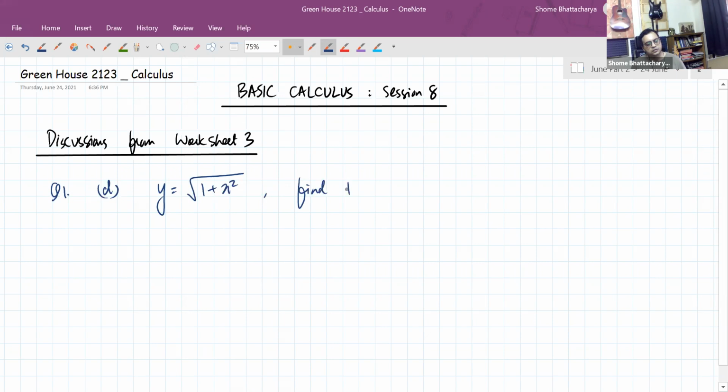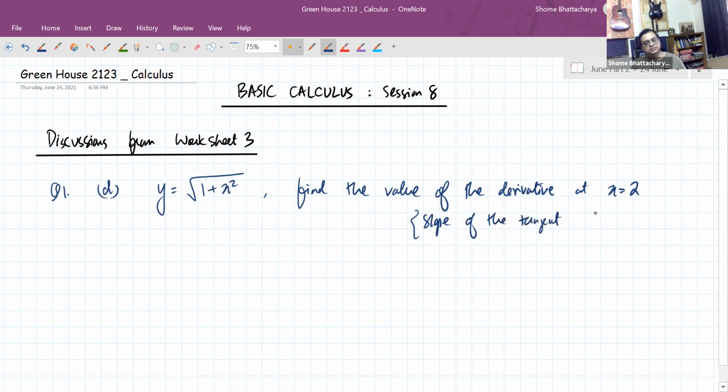Find the value of the derivative at x equal to 2, that is the same thing as the slope of the tangent at x equal to 2.